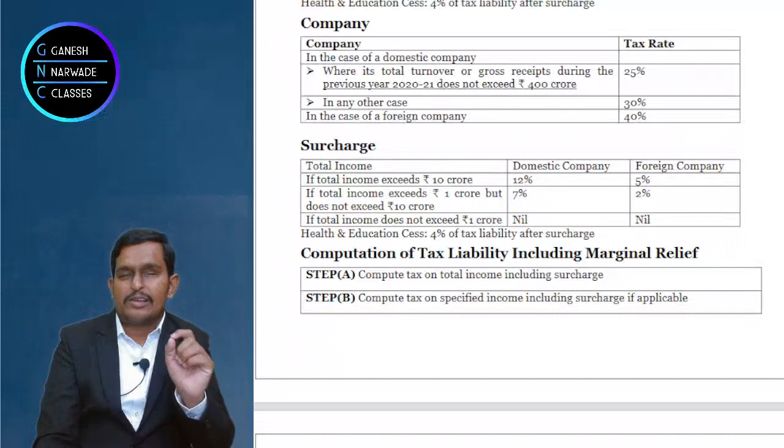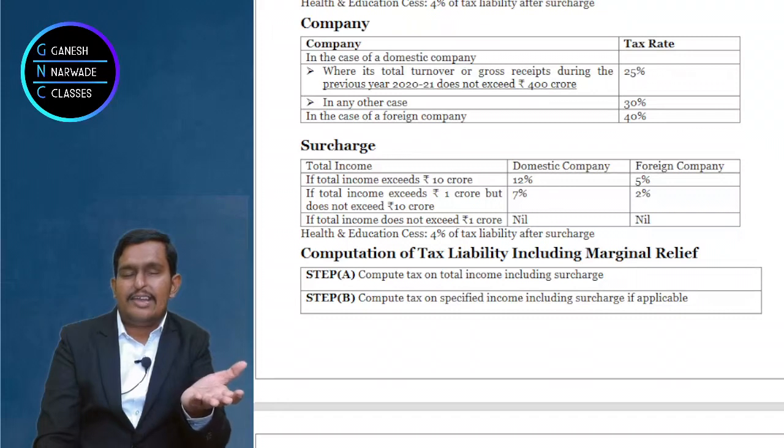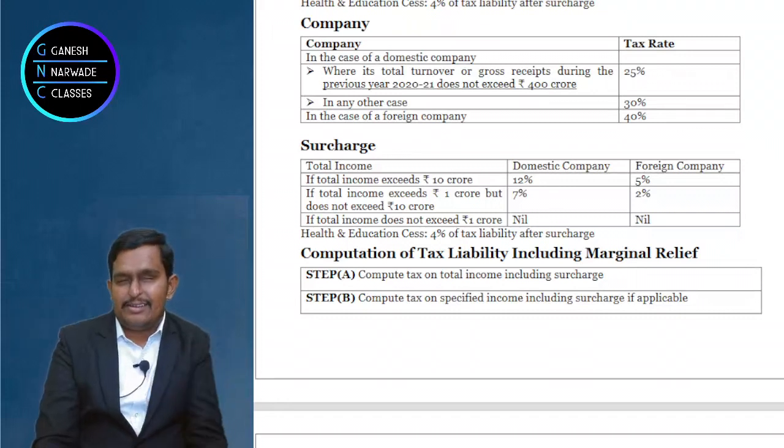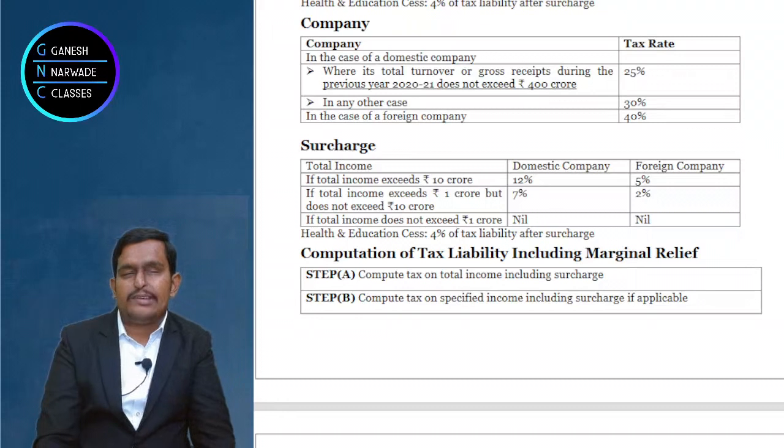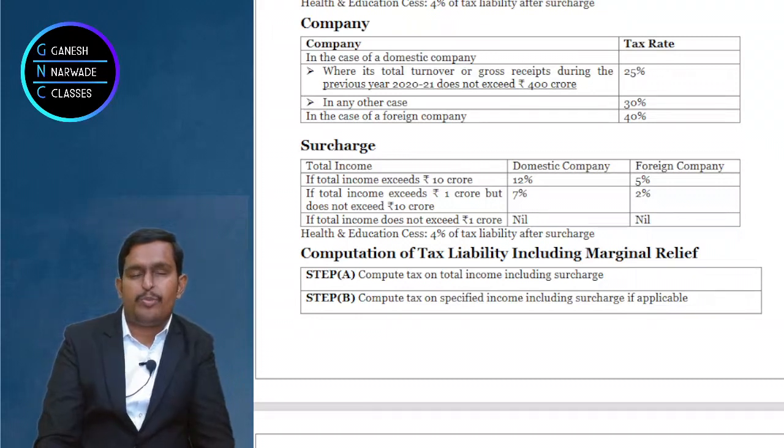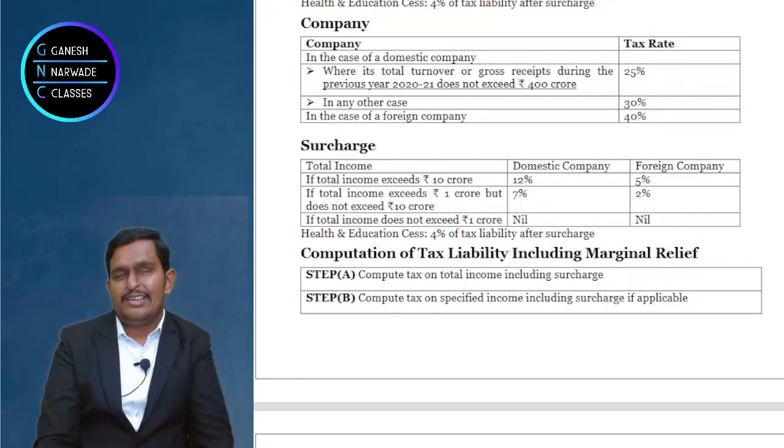Here we are not talking about turnover. Income of domestic company more than 1 crore, then how much? 7%. So if income is more than 1 crore, that is 1 crore 1 rupee to 10 crores, if your income falls between this for your company, 7% tax rate.